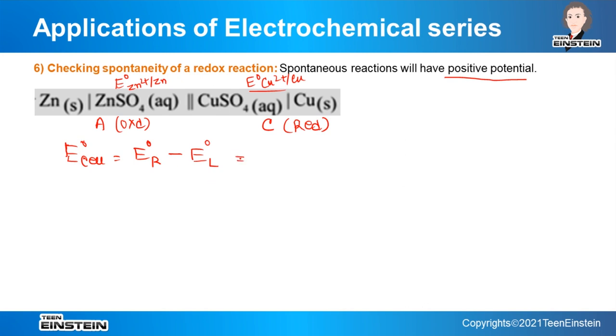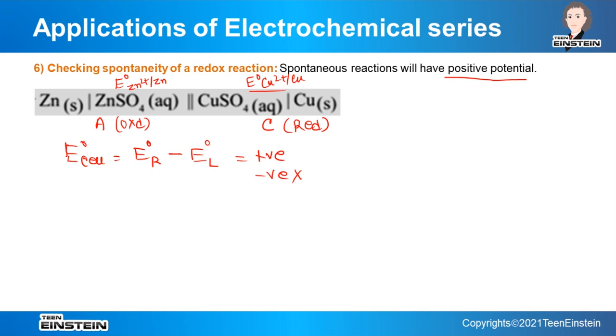If this value is positive, that means it is spontaneous. But if this value is negative, the reaction is not possible. So suppose an overall reaction is given and the corresponding reduction potential values are also given, and it is asked to predict whether this reaction is spontaneous or not, you can easily find it out by doing this calculation.